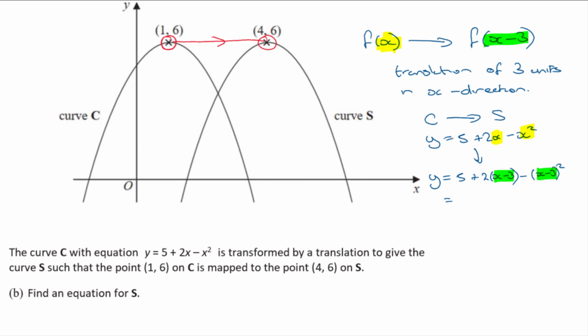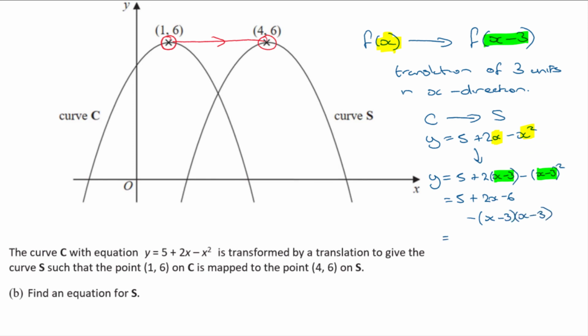Okay, so then all we've got to do is simplify all that out. So multiply out the brackets and recollect all the like terms together. So I'm going to get 5 plus 2 lots of x minus 3, that's 2x minus 6 multiplying out the brackets, minus, I'm just going to do the quadratic underneath and then deal with the minus sign afterwards. So I've got x minus 3 times x minus 3, haven't I?